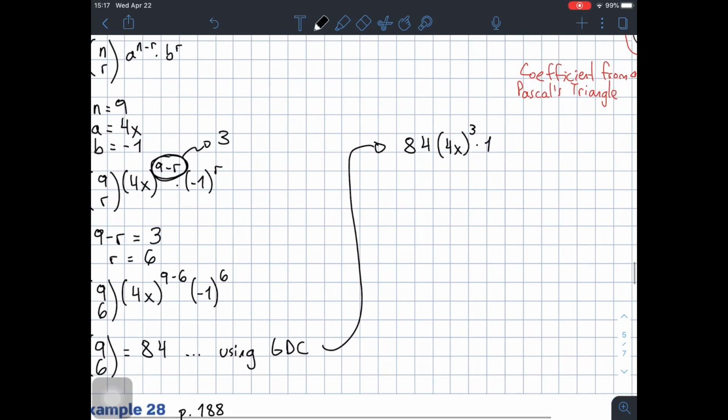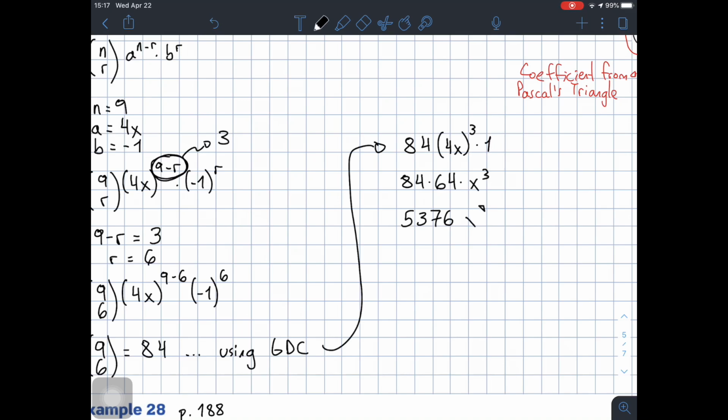Finally, we need to calculate 4 cubed. 4 cubed is 64, so this is 84 times 64 times x cubed. If we multiply those terms, 84 times 64, that gives us 5,376 x cubed.